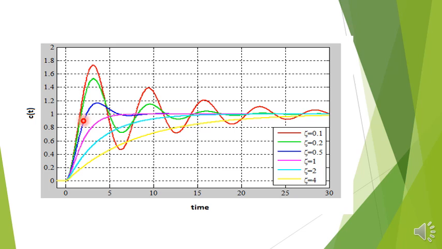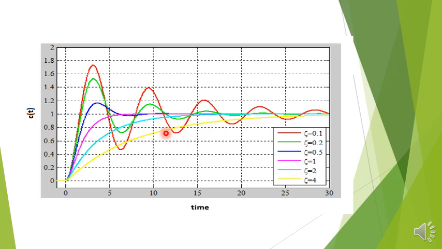This means as zeta increases, the sinusoidal waveform vanishes quickly. At zeta equal to 0 there won't be any exponential, it is only sinusoidal, and with high damping it consists of only exponential waveform. The light blue and yellow are the cases for zeta greater than 1, or the overdamped system.